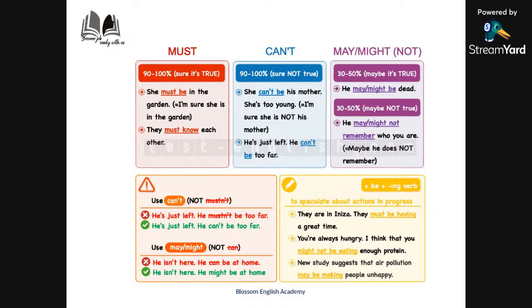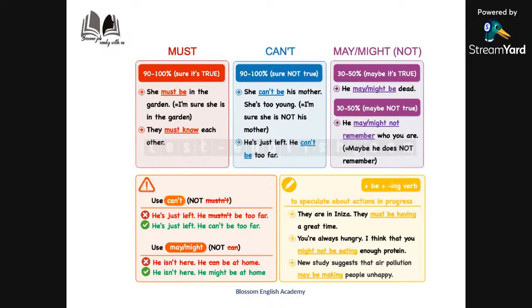"She can't be his mother." Okay, she's too young. You look at someone and you see she's like 14 or 15, and they say that she has a son or daughter, and you cannot believe it because she looks very young, and you are pretty sure that she cannot be his mother. And "He just left.